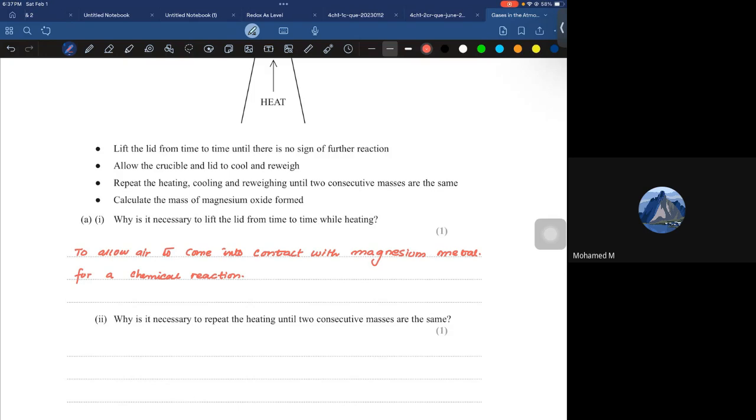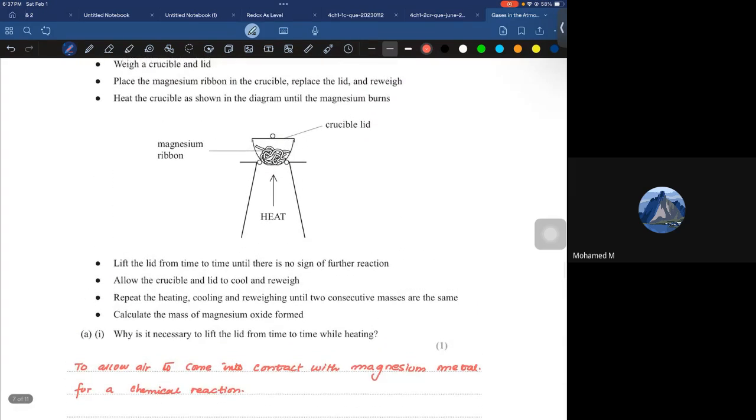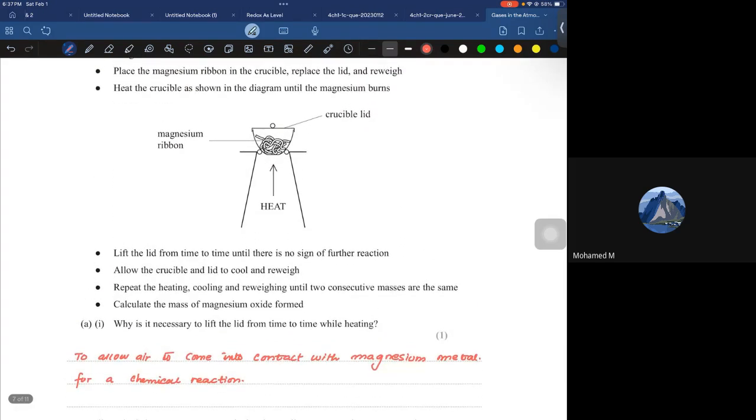So basically, to make sure all the magnesium has reacted or not, you have to reweigh and repeat your experiment. What you are doing in this experiment is calculating the mass of magnesium oxide formed.